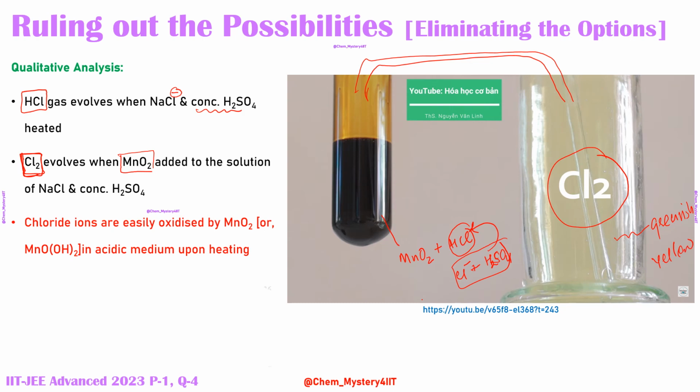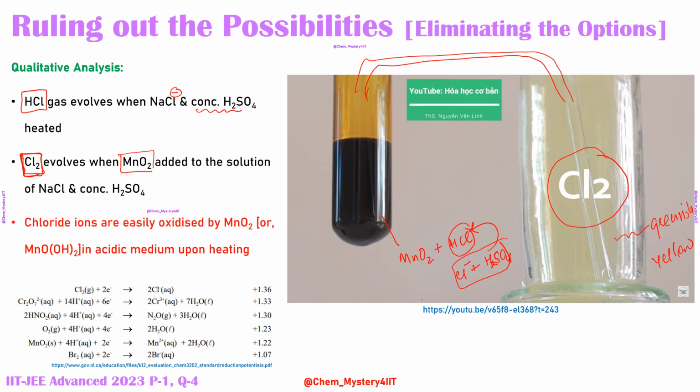Okay, but if you go for the data, there is a slight problem. The SRP value of chlorine is plus 1.36, while the SRP value for manganese dioxide is going to be smaller than that, plus 1.22. So why is that same thing not working, as we have been talking earlier, that a stronger oxidizing agent can generate the weaker oxidizing agent?